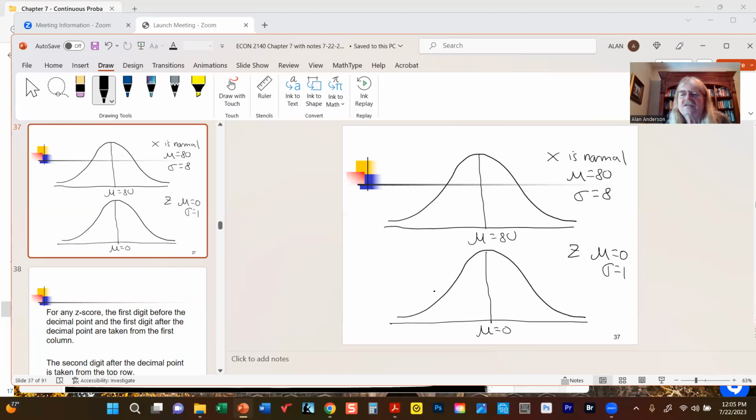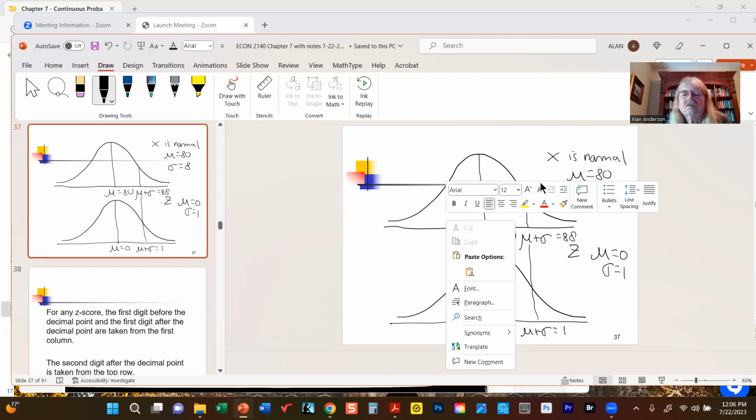One on top is X, the scores on the exam. So an 88 would be, let's say, here. That corresponds to a Z-score of 1.